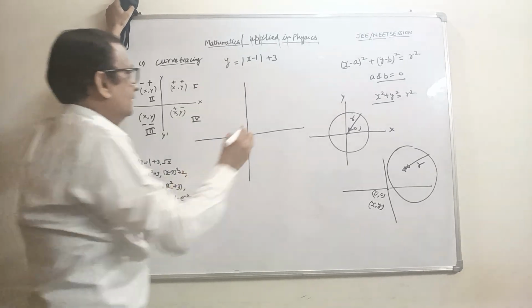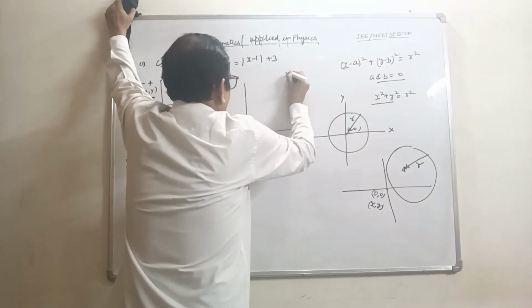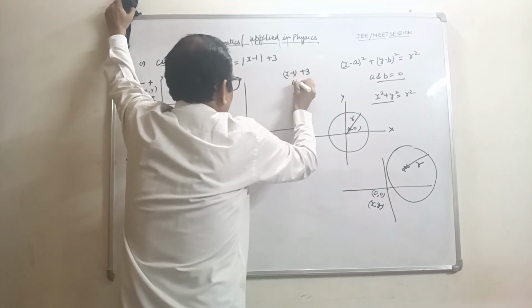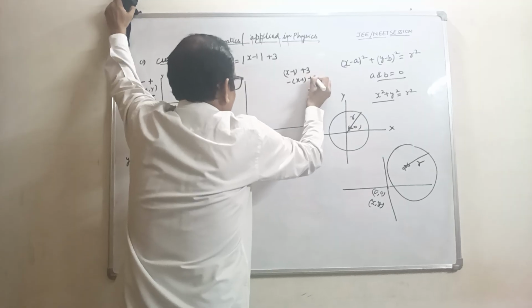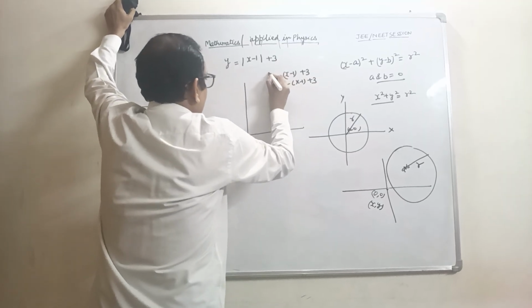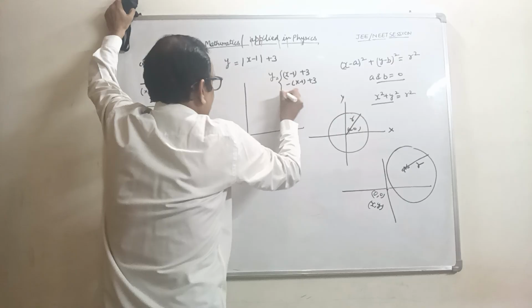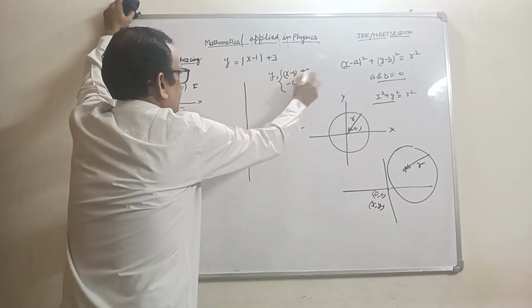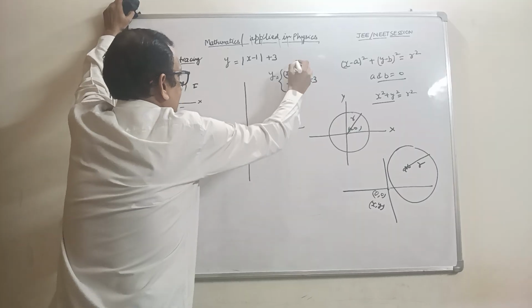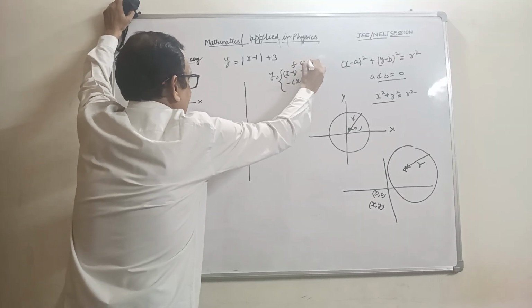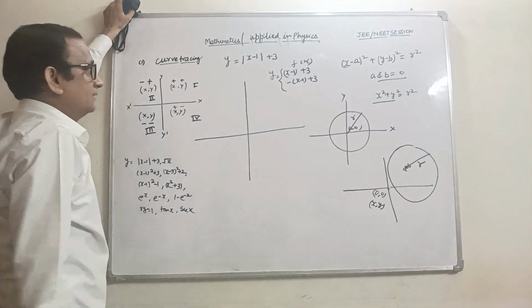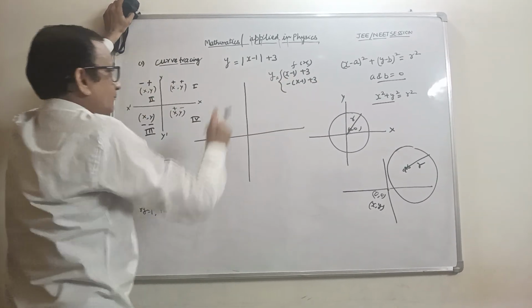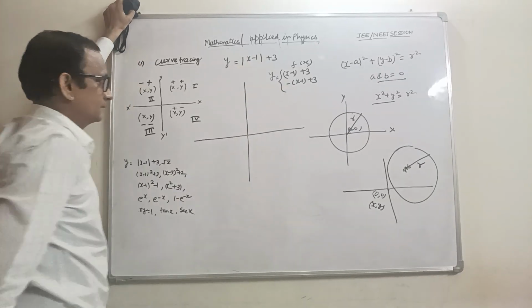Mod means this curve is for x minus 1 plus 3 and minus (x minus 1) plus 3. For these two scenarios, the curve follows the function of this and the function of this, for positive and negative.